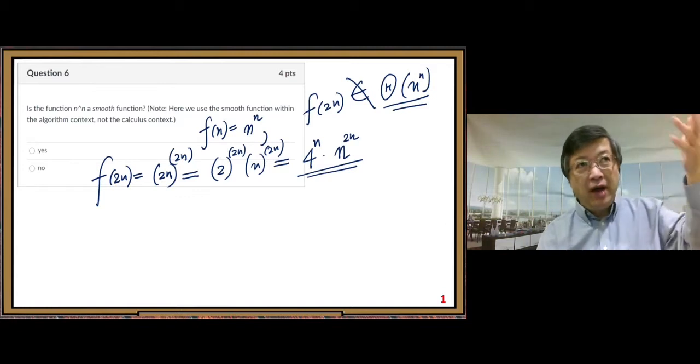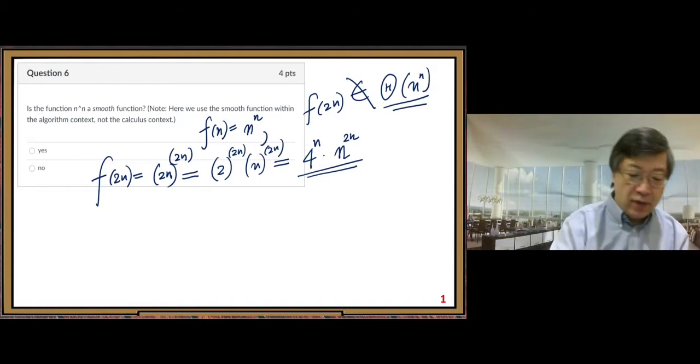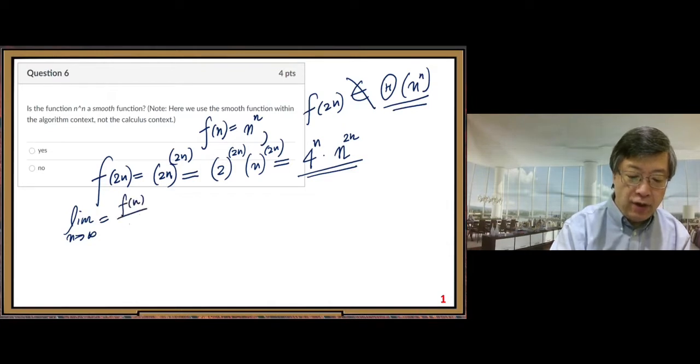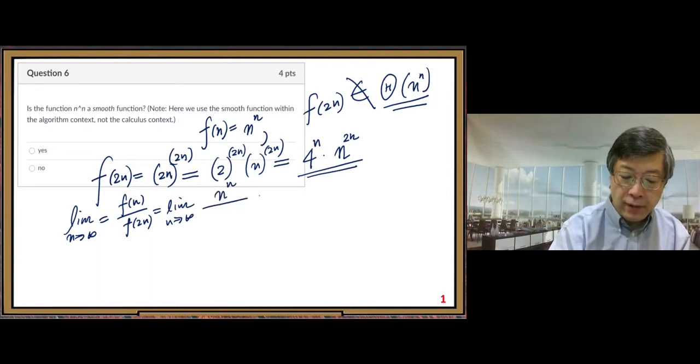Now compare f of 2n, f of n. We like to look at the limit of f of n over f of 2n, which is n to the nth over 4 to the nth times n to the 2n.